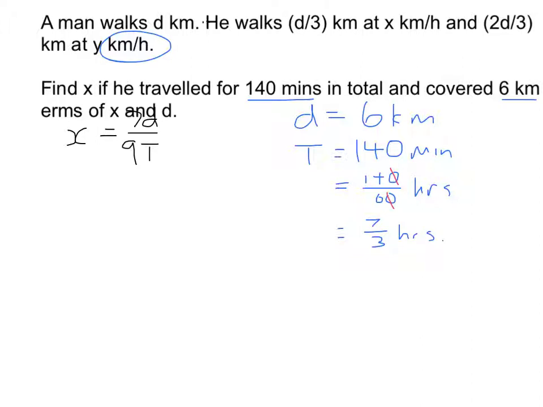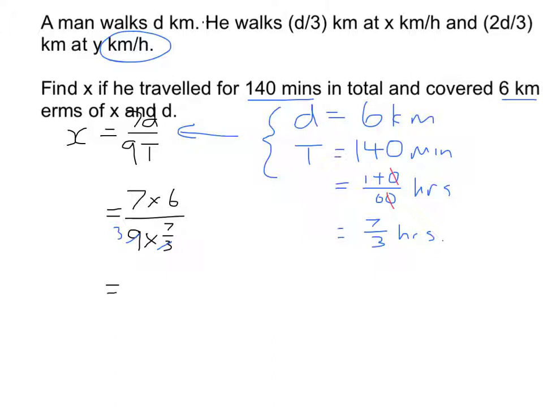Now what we need to do is substitute those two values into this equation. So x is equal to 7 times 6 divided by 9 times 7 over 3. Now looking at this bottom line, the denominator, I can see that I can cancel down that 3 on the bottom with the 9 and leave that as a 3.